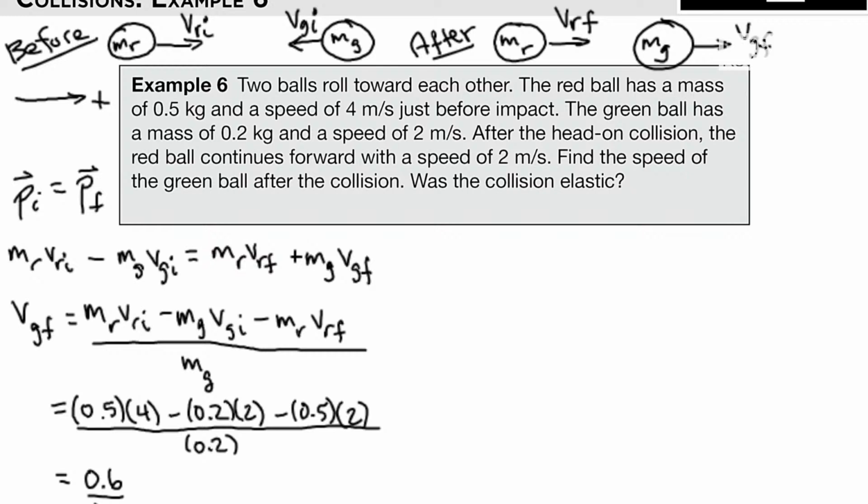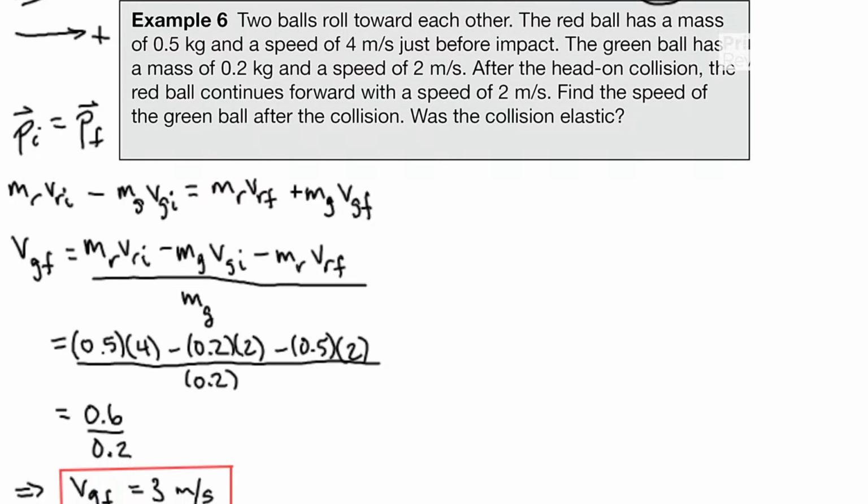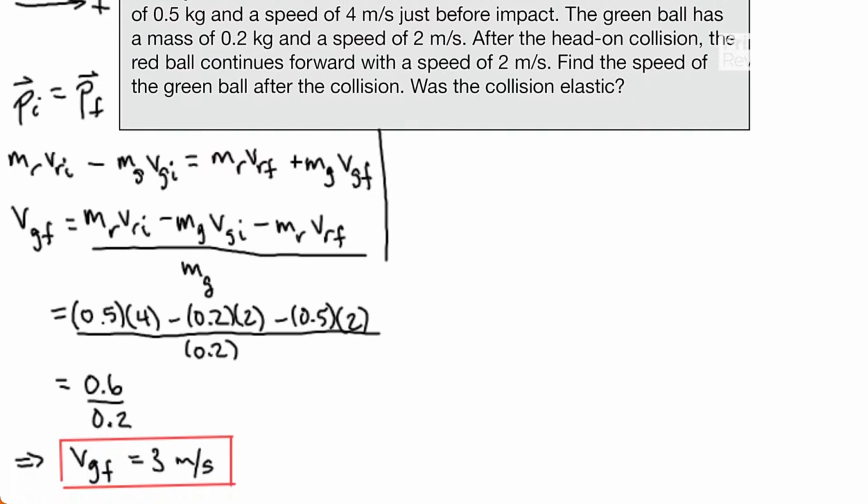The follow-up question, though, asks us, was the collision elastic? And what this is essentially testing for us is, do we know what makes elastic collisions different? And that is the fact that kinetic energy is conserved in the elastic case. So if we want to assess whether or not this collision was elastic or not, we should compare the kinetic energies.